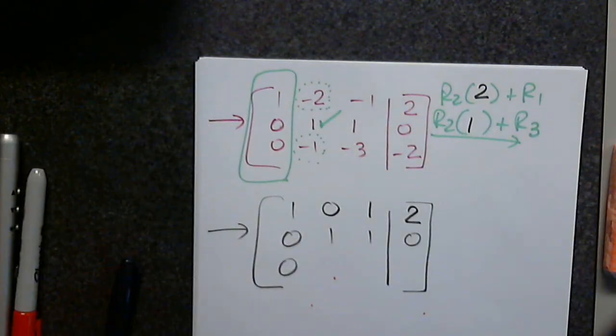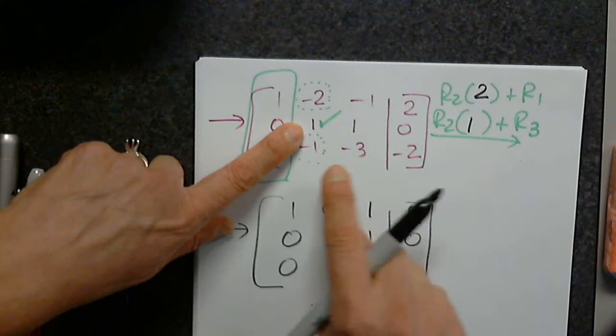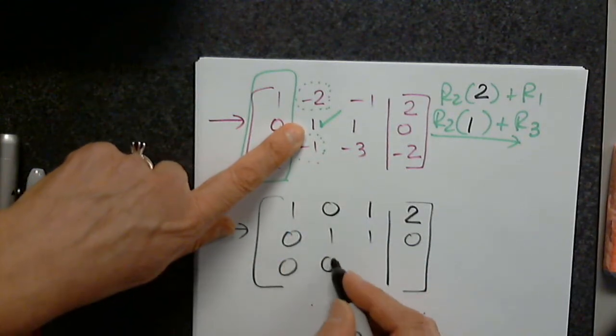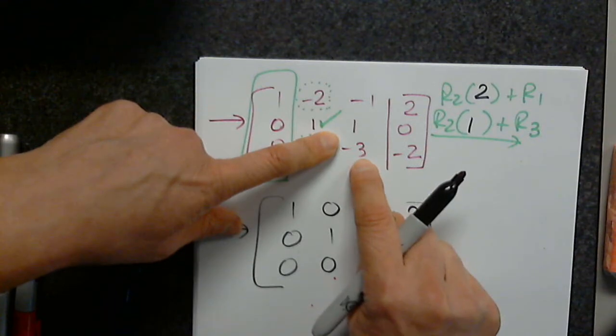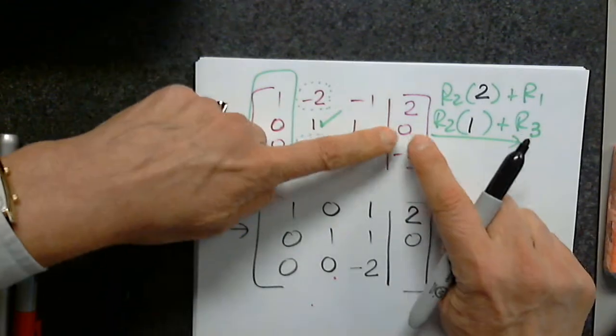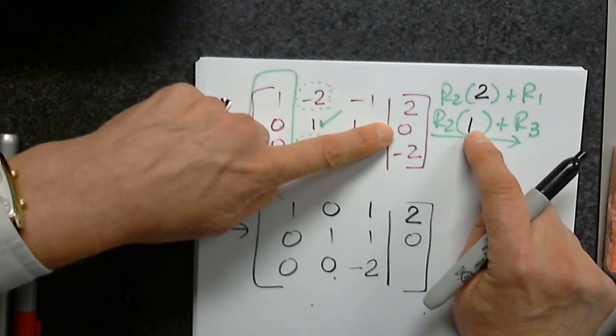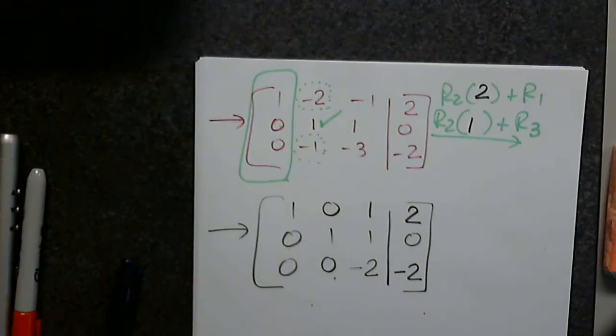Very good, awesome. 1 times 1 minus 1. 1 times 1 minus 3. 0 times 1 minus 2. What have we accomplished? A lot.